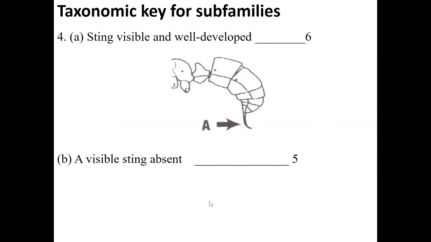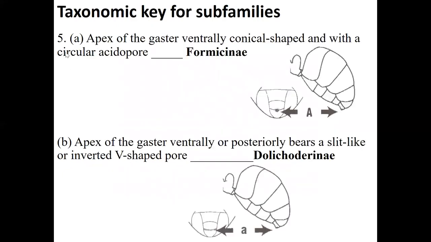Next step is number 5. In number 5, you need to observe the tip of the gaster, but ventrally. The ventral side should be observed. Apex of the gaster ventrally conical shaped and with a circular acidopore.